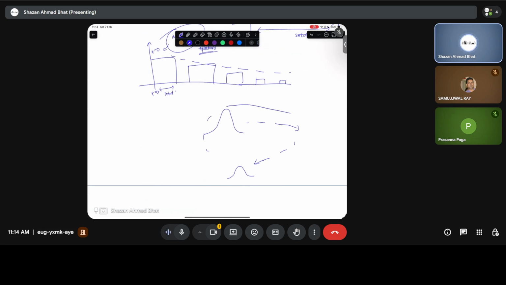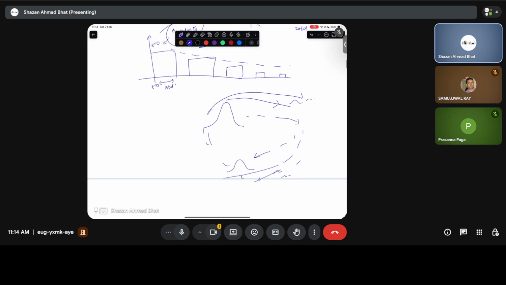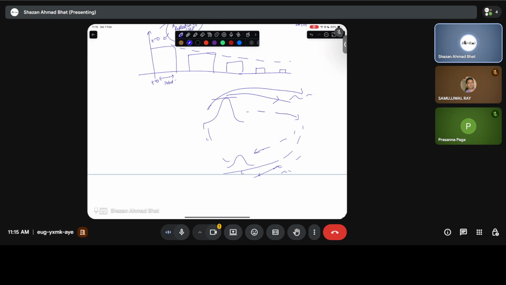Okay, and then it will again go back to the load, and it will be again diminished. It will come back, it will be again diminished. It will go back to the load, it will be diminished, and so on and so forth, and finally it will stabilize. That is basically the concept of these reflections, because what governs how much of this pulse is reflected is the reflection coefficient.